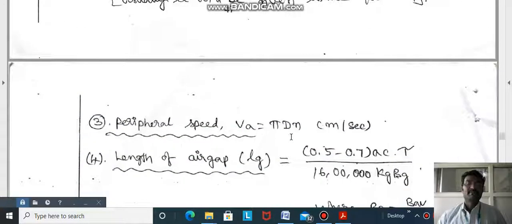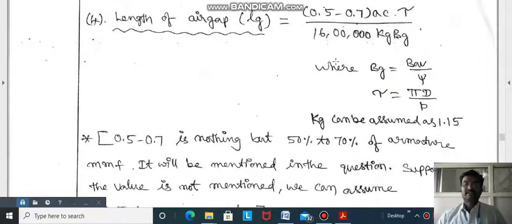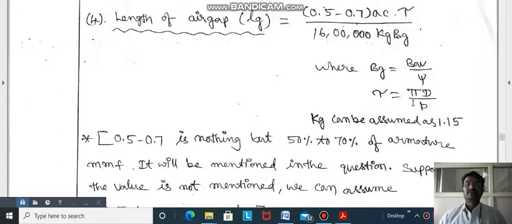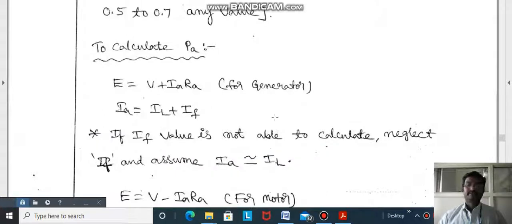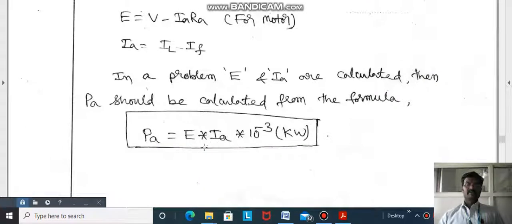The peripheral speed Va is equal to pi D N meters per second. The length of air gap is 0.5 to 0.7 ac by tau, where ac into tau by 16,000 Bg, where Bg is Bav by psi and tau is equal to pi D by P. To calculate Pa, we should find the values of Ia, where Pa is equal to E into Ia into 10 to the power of minus 3 kilowatt.